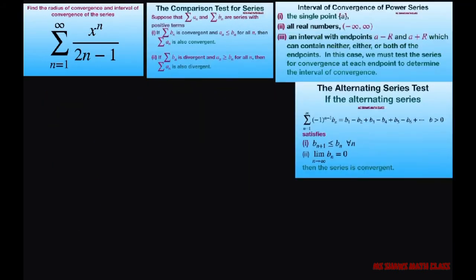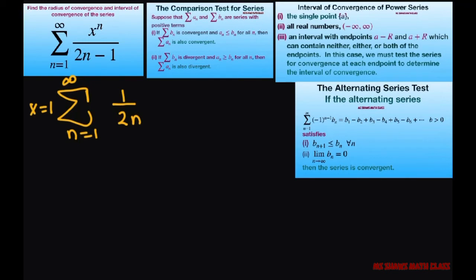So for the intervals of convergence, we're going to compare it to our series n equals 1 to infinity. And this is going to be when x equals 1. So when x equals 1, we're going to get 1 divided by 2n.